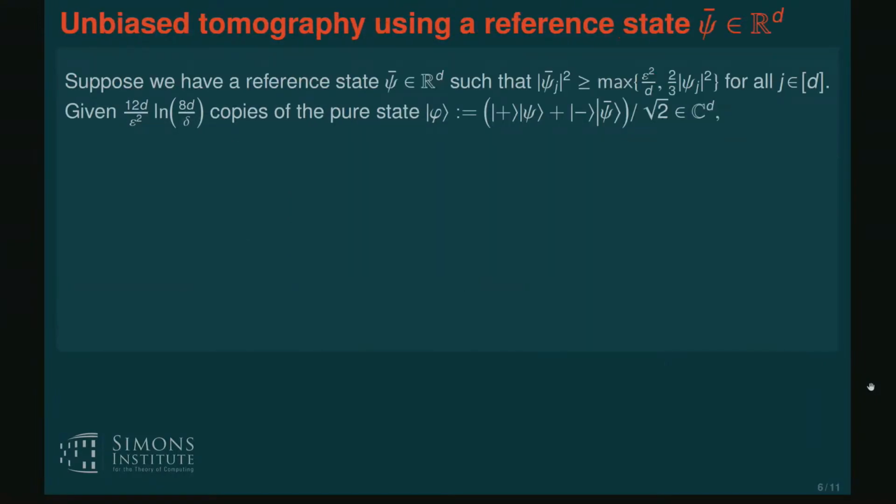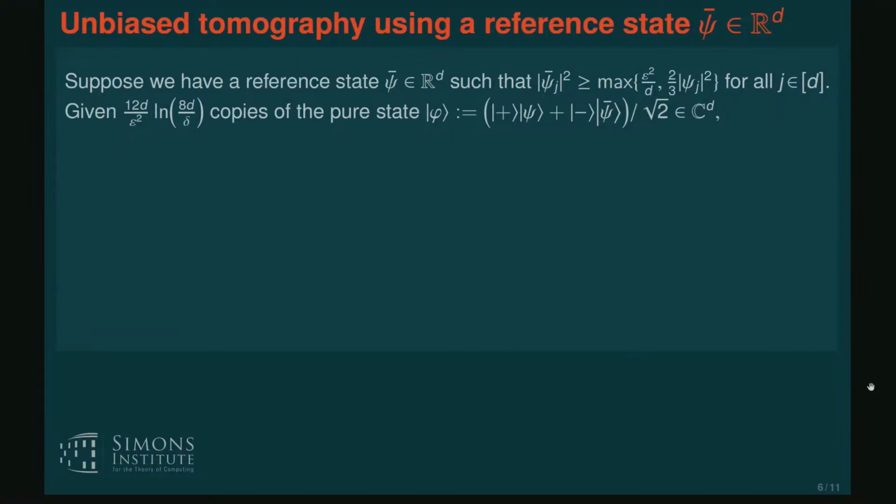And now this is the key part, where I use this reference state, which is much more fine-tuned for my actual state. What it requires is a reference state that is basically a coordinate-wise upper bound on my state, and also not too small anywhere.